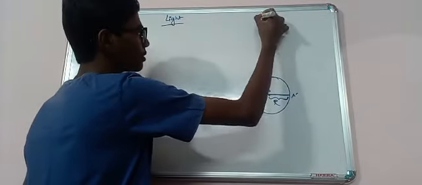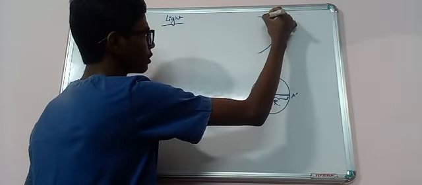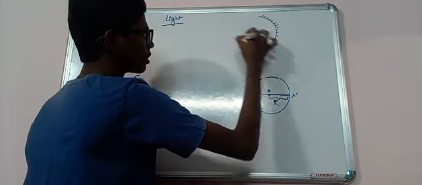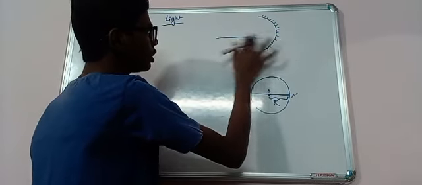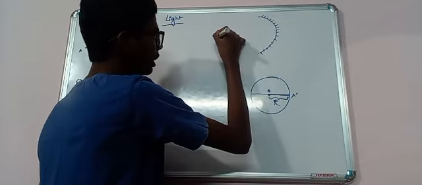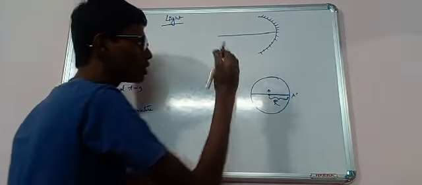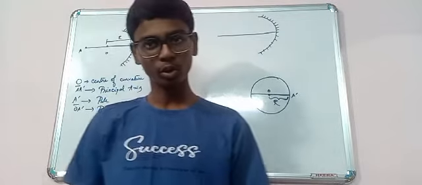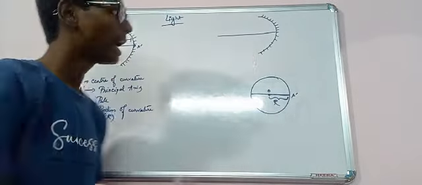Basically, there is a rule. I've already said in the beginning that we have to know a few rules for drawing the ray diagrams. Amongst those 4 rules, the first rule is about light rays.